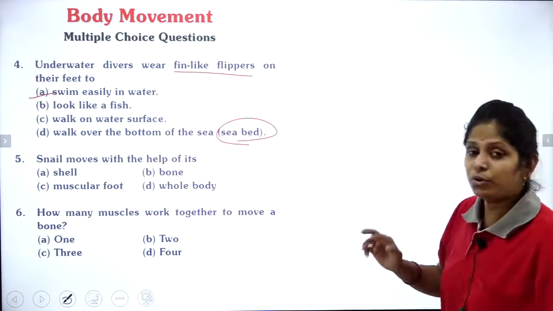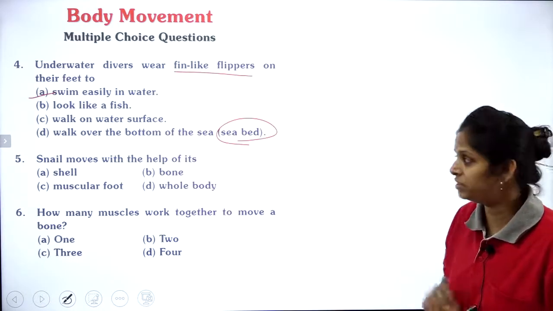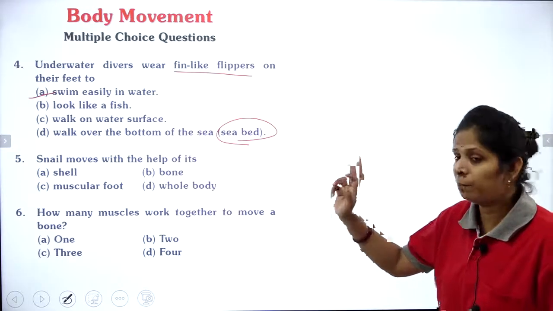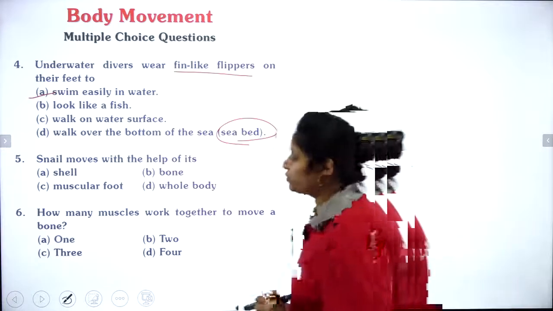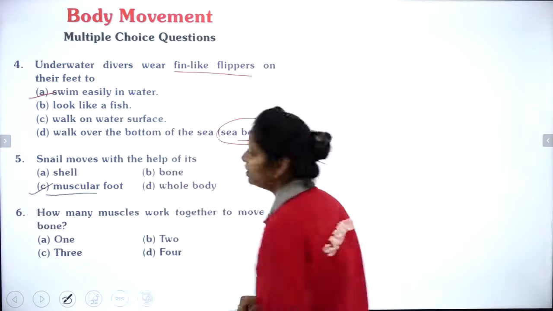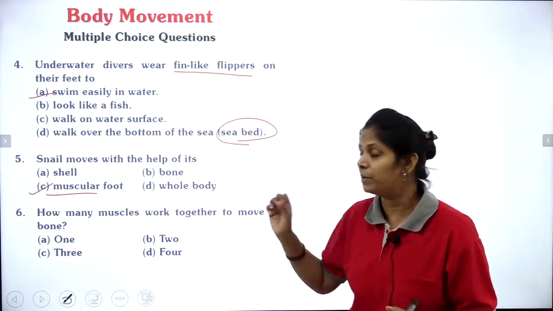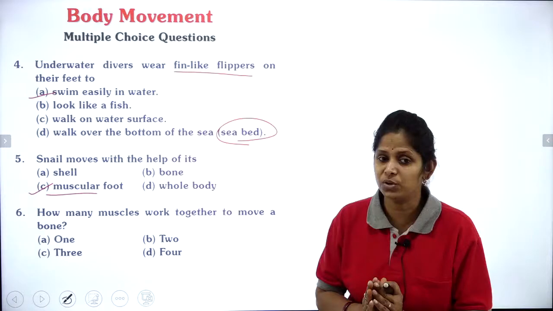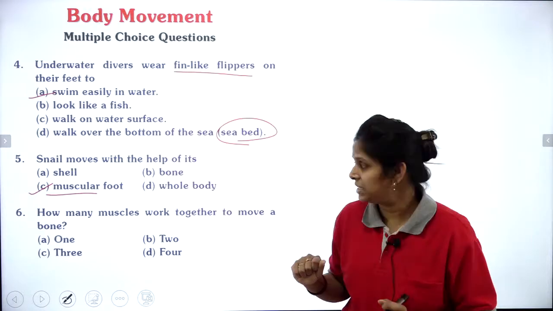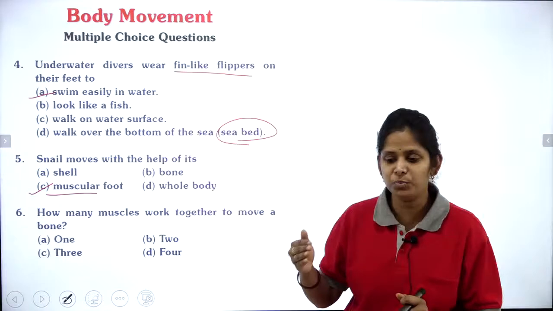Then question number 5: a snail moves with the help of its shell, bones, muscular foot, or whole body. Already I have told you about this one. The right answer is muscular foot. It has a large disc-shaped muscular foot with two pairs of muscles, and with its help it can move, but very slowly.